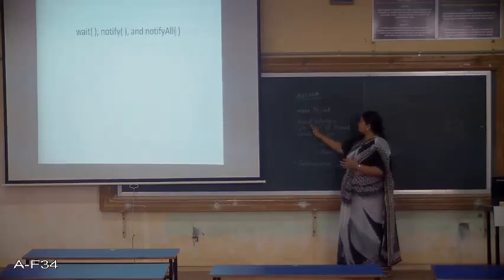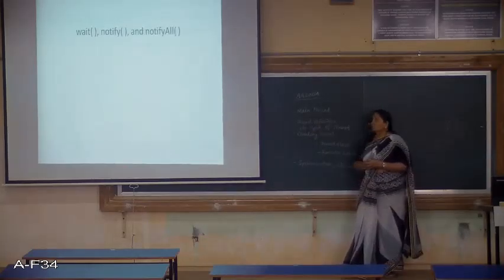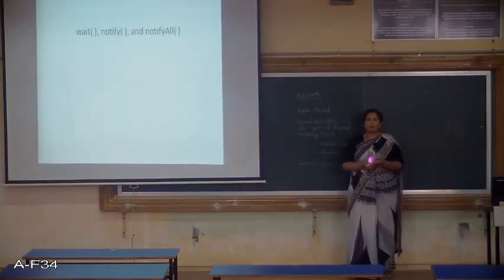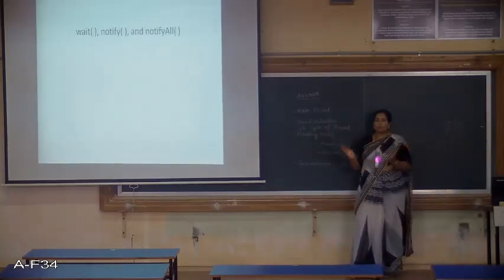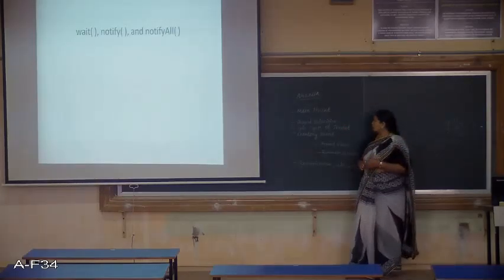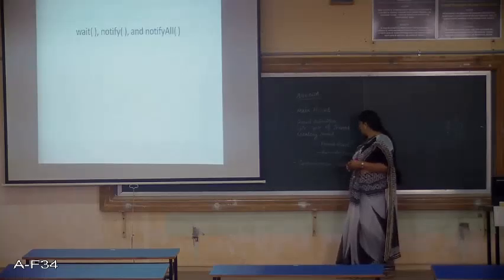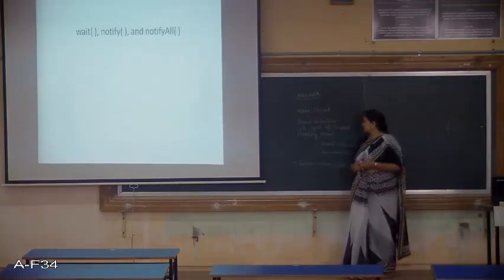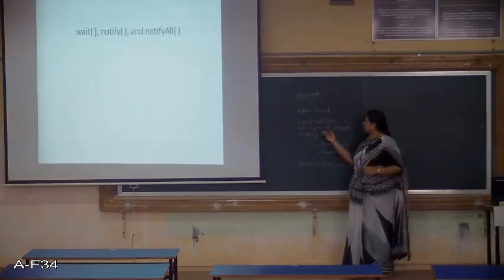Then we saw the different thread priorities. We have max priority, min priority and normal priority, and we have seen that it ranges between 1 to 10, and we can even set and get the priorities using the methods getPriority and setPriority.